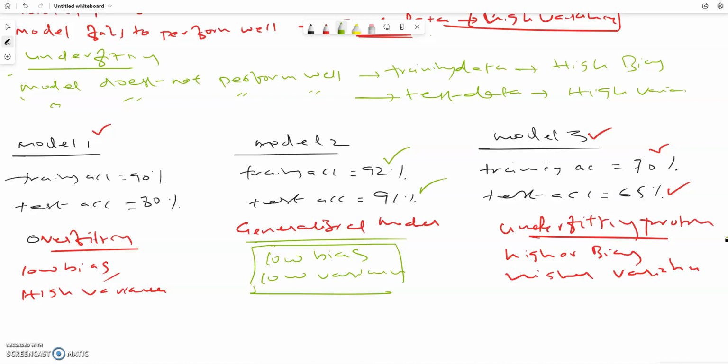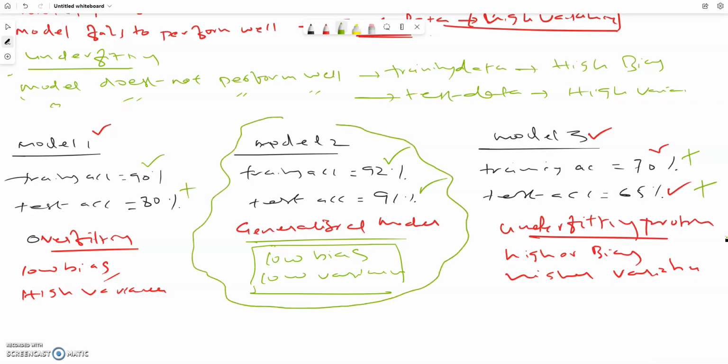The first model is not good because training accuracy is good but testing accuracy is not good. And the third model is not good because training accuracy is bad and test accuracy is also bad. So now we have our generalized model, which has lower bias and lower variance.